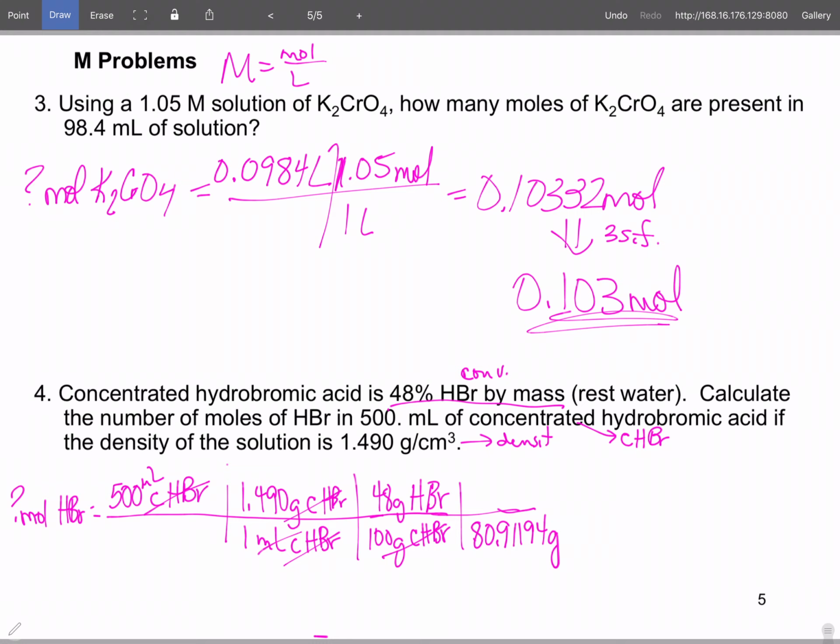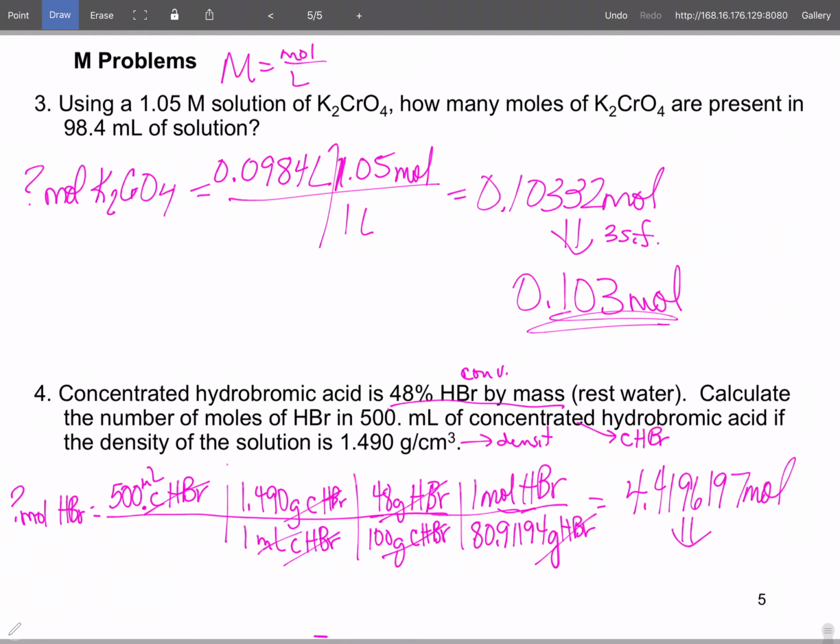And I know it goes on the bottom because I've got to get rid of the grams to be left with 1 mole of HBr. Now, we would pick up our calculator, and everything on top is multiplied, everything on the bottom is divided. And so we get 4.4196197 moles.